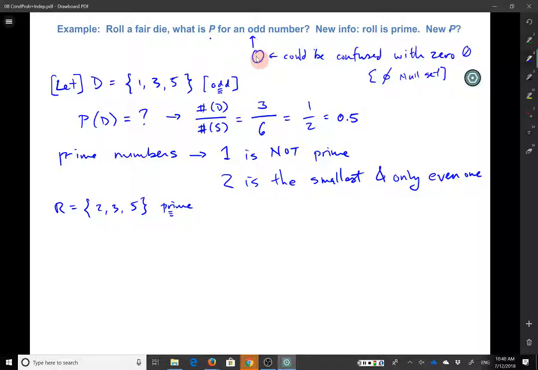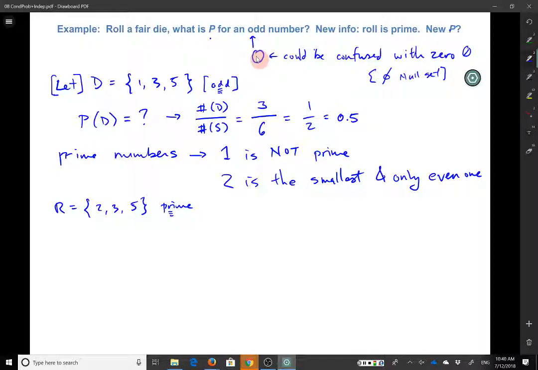So what do we want, right? The new information, so what's the new probability? What we're really looking for is a probability. We want the P of D, because that's our main thing.